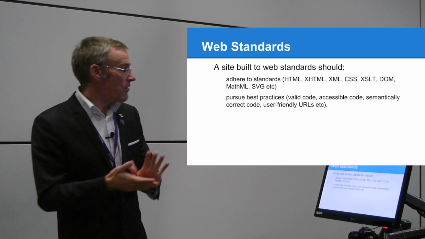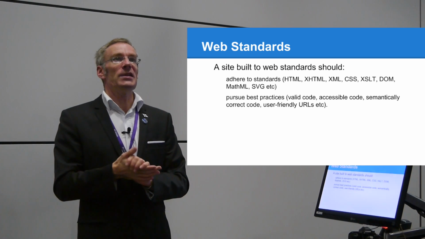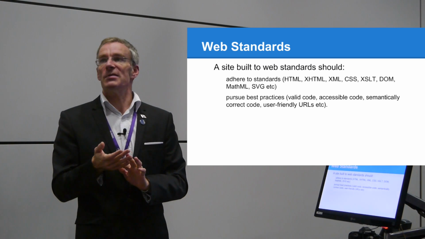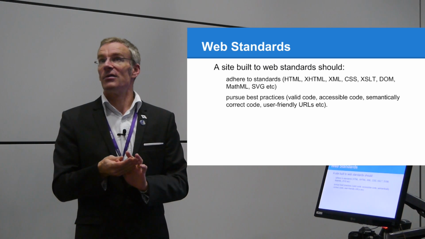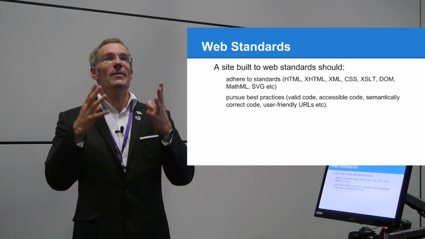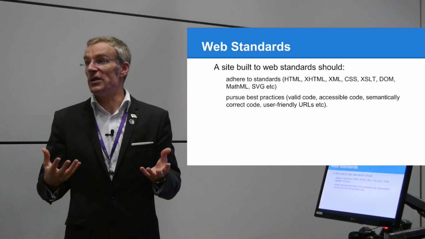So web standards is very, very important. Another feature of web standards is semantic HTML. I've had more queries about what I mean by semantic HTML than anything else. Semantic HTML is all about making sure the HTML conveys the content of your page and not the design of your page.